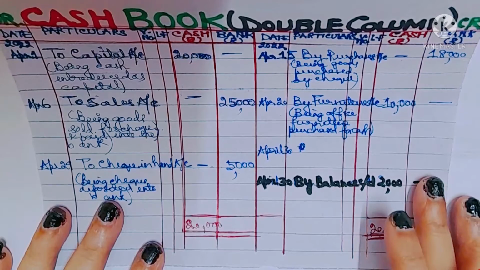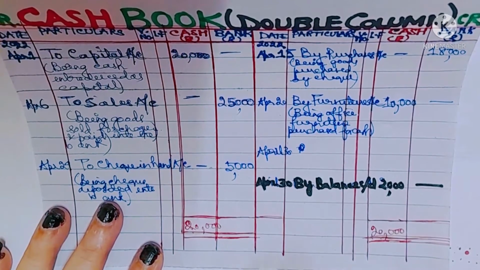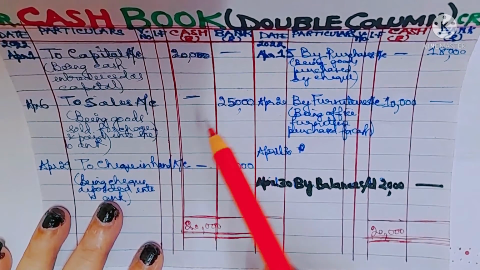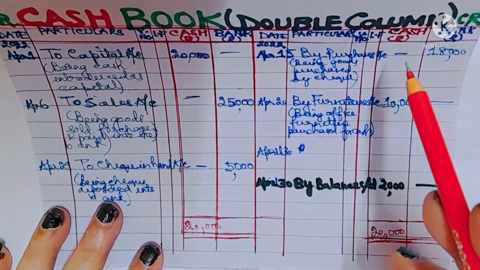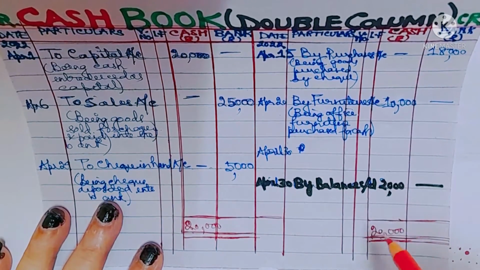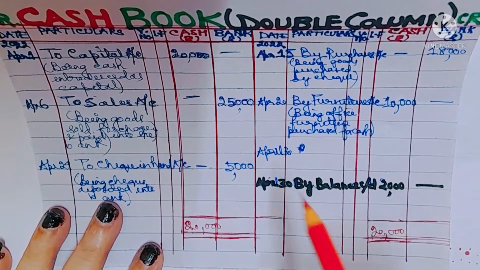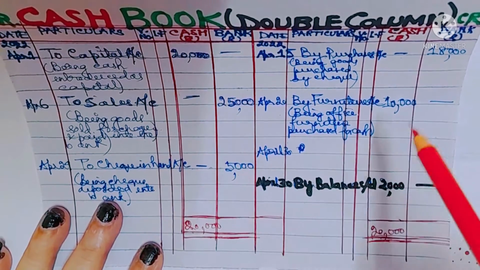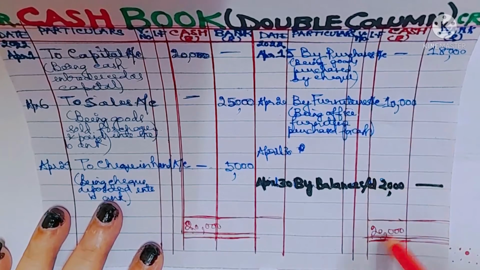Now what is the next step? The total of cash column on the debit side is 20,000 and on the credit side is 12,000. So how much extra do we have in hand? 20,000 minus 12,000, that is 8,000 extra.